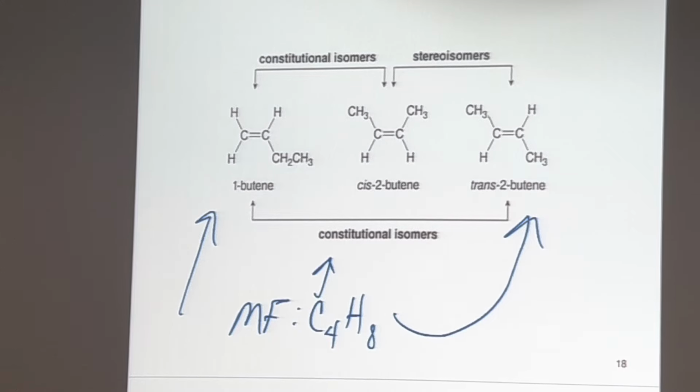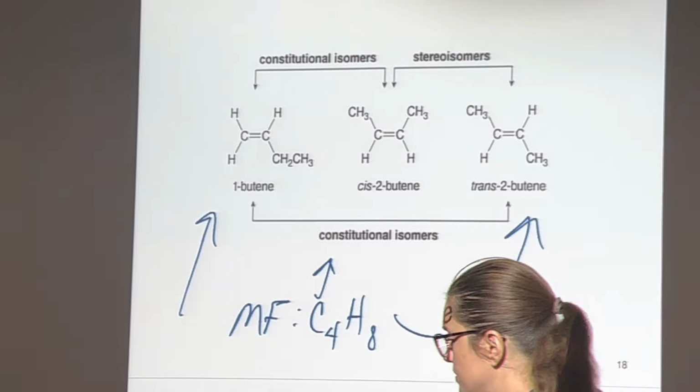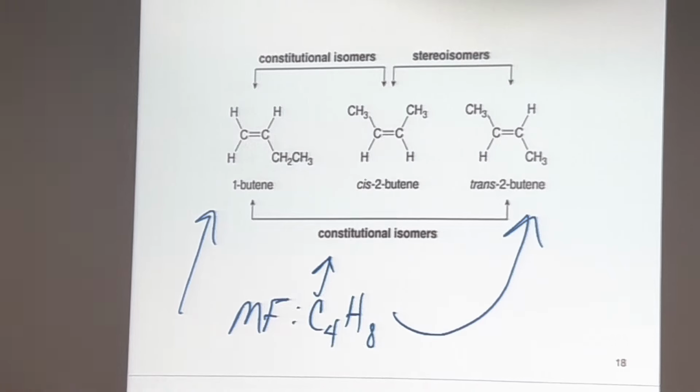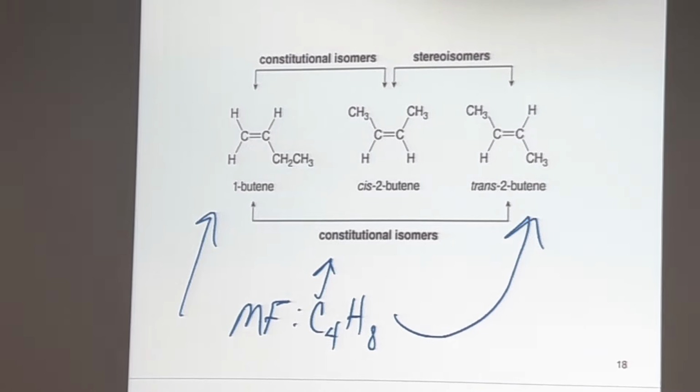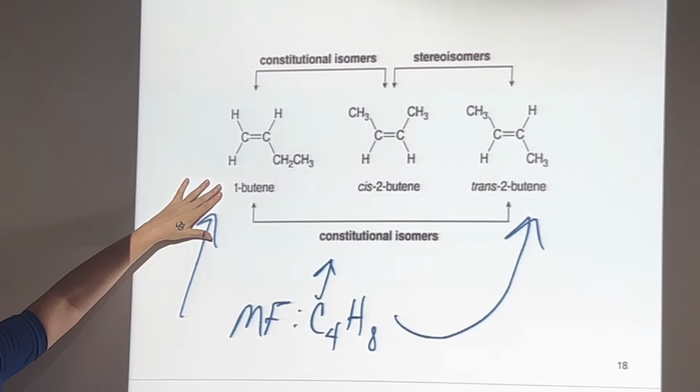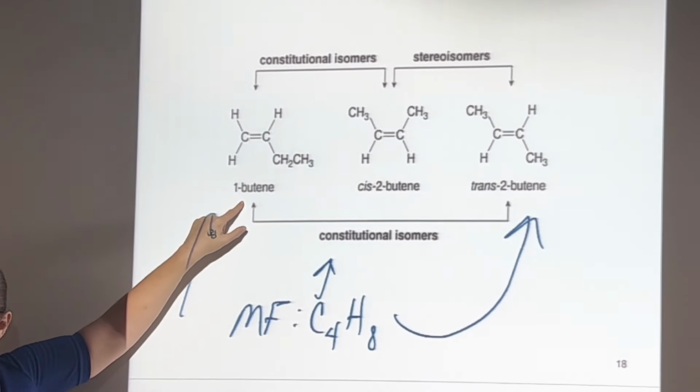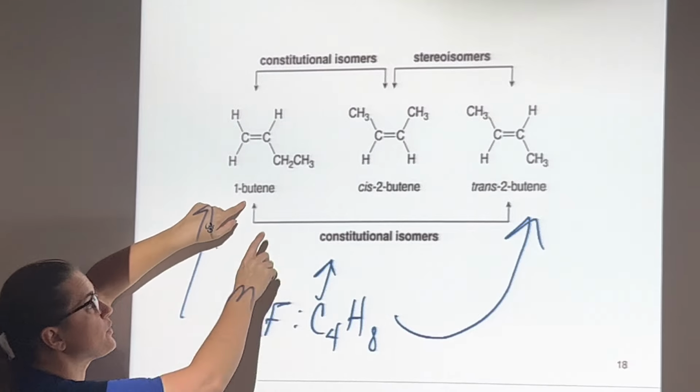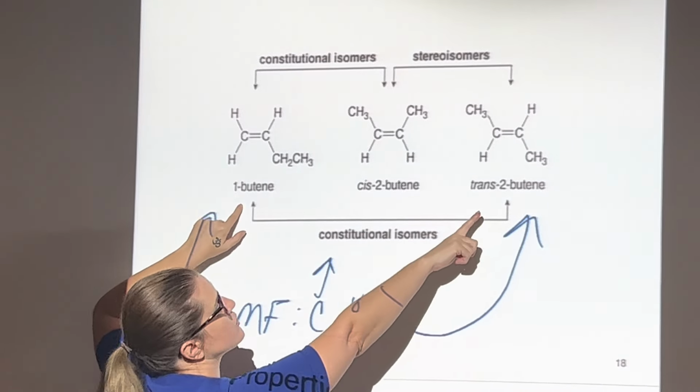Okay, but there's a little bit of a difference when we talk about which ones are constitutional isomers and which ones are stereoisomers. So the cis-trans isomers are stereoisomers. Okay, so 1-butene is going to be a constitutional or structural isomer with both cis-2-butene and trans-2-butene.